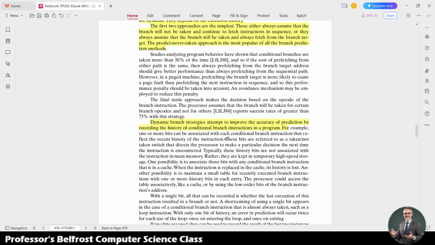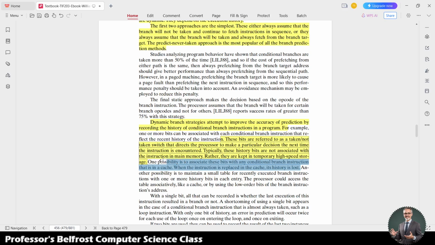Typically, these history bits are not associated with the instruction in main memory, but rather are kept in temporary high-speed storage. One possibility is to associate this bit with any conditional branch instruction that is in a cache, and where the instruction is replaced in the cache, its history is lost.